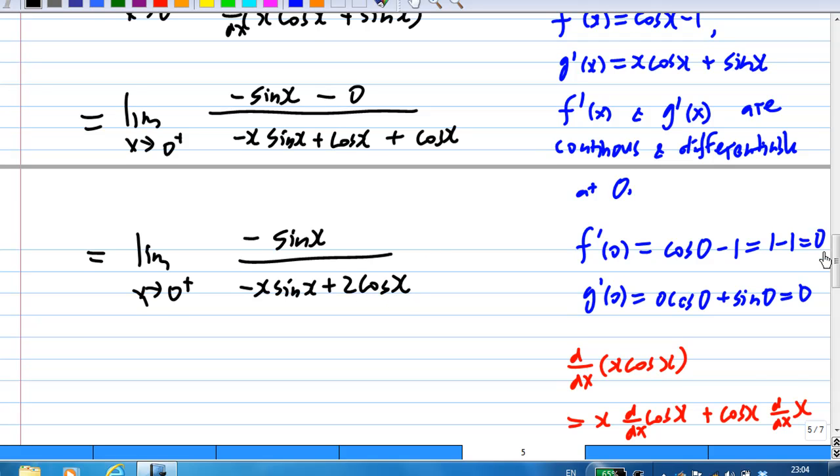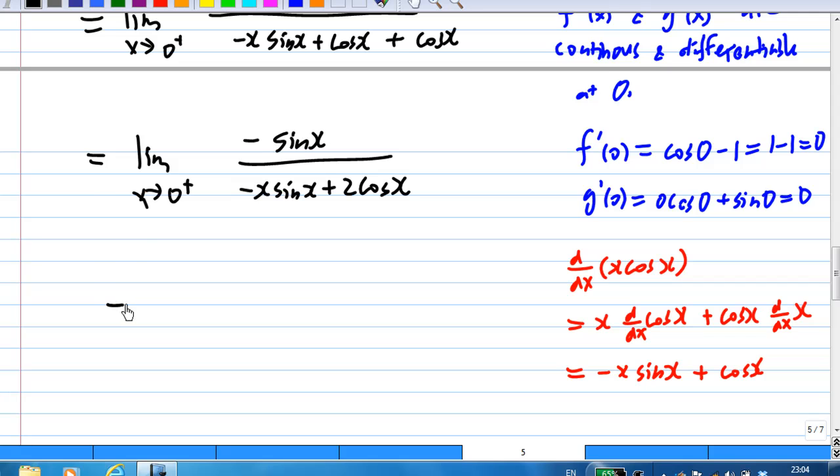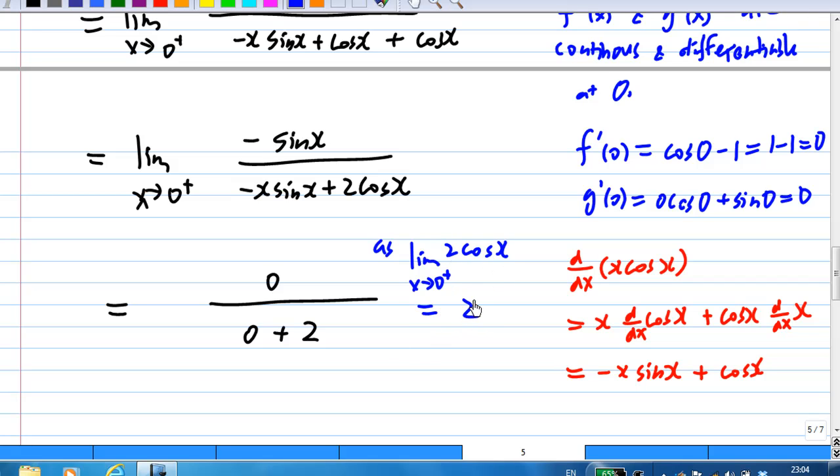Now when x approaches 0, the numerator will go to 0, since we know sine x will go to 0, and the denominator will go to 0 plus 2, since cosine x will go to 1 when x goes to 0, as the limit of x goes to 0 of 2 cosine x is equal to 2, and the limit of x sine x is going to 0.